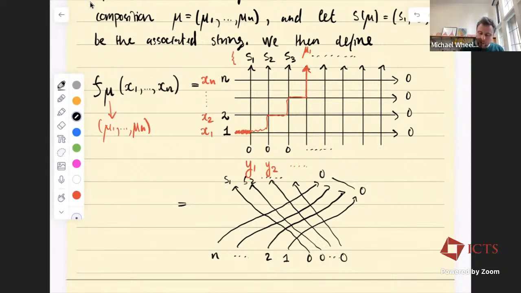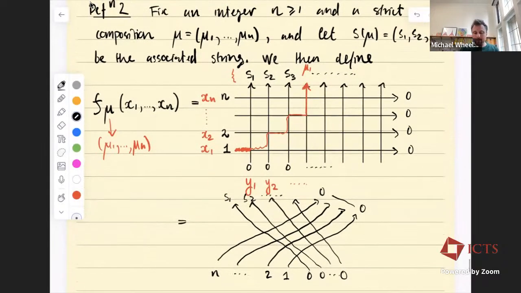But I suppose one thing that is a little bit different, and it's important to remark about this, is that strictly speaking, this quantity I've defined here lives on a semi-infinite lattice. So actually, these horizontal lines, you should think of them as extending all the way out to infinity. And the reason why this quantity continues to be meaningful is that sufficiently far to the right, this string is going to terminate just in zeros.